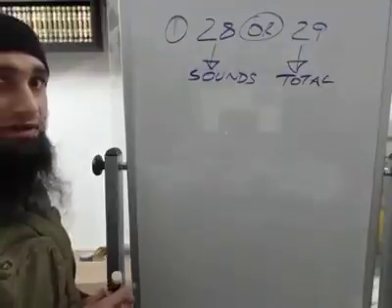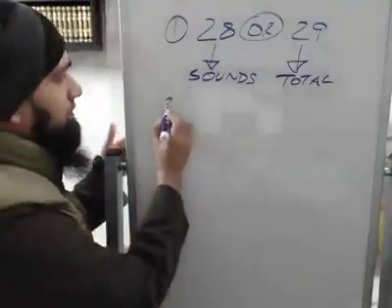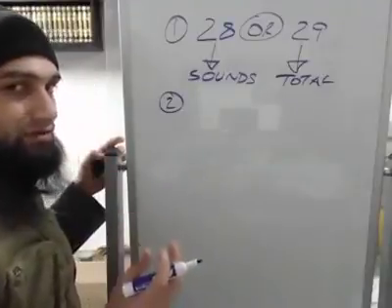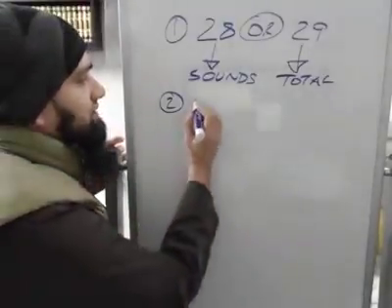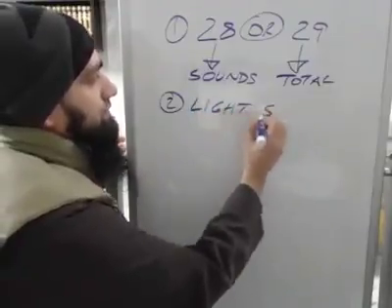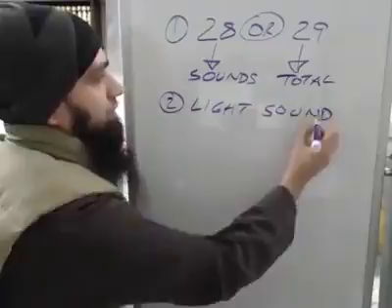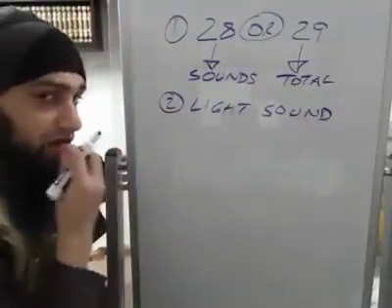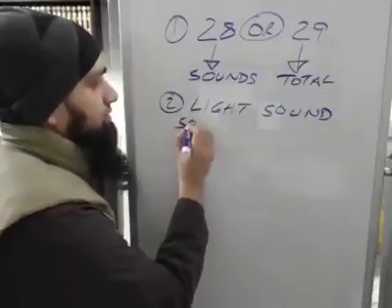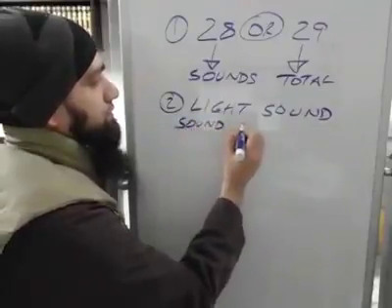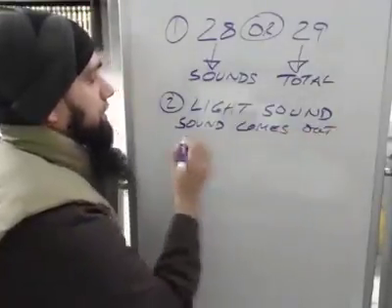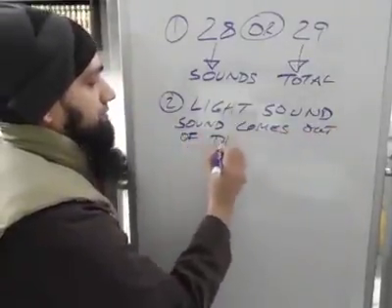But first thing you need to know is that the difference between heavy sound and light sound is that for the light sound, the sound comes out of the mouth, right?